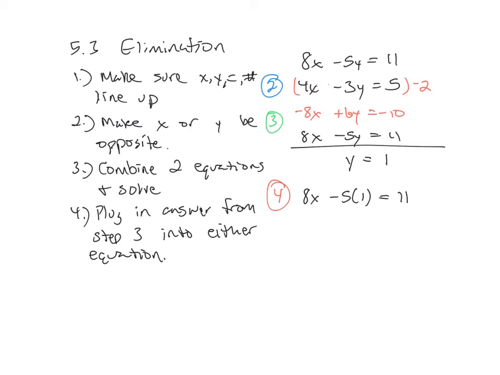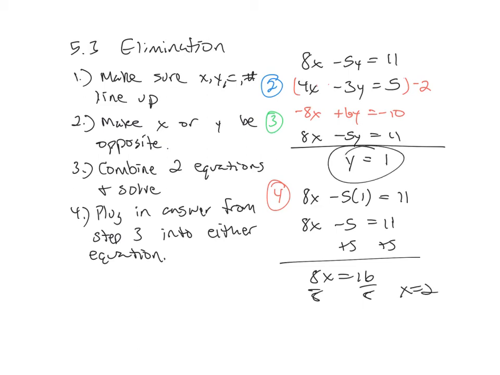Doesn't matter. So 5 times 1 is 5. Add 5. Divide by 8. Okay, so there's my 2 parts of the coordinate.